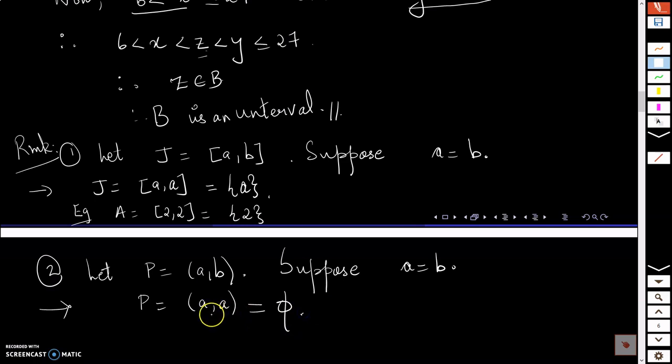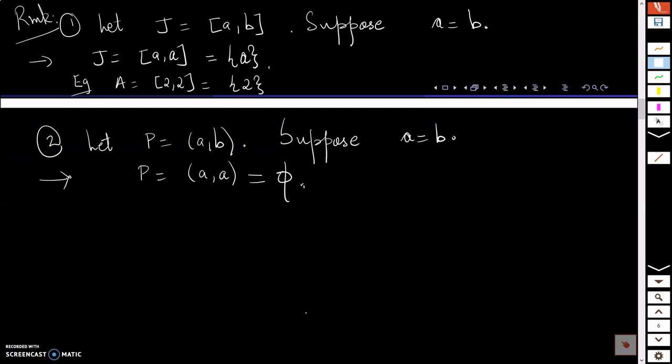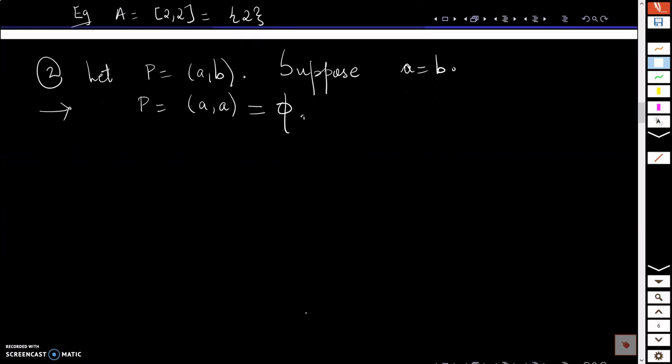Because I need points which are greater than a and less than a at the same time, and a is the same number. So there is no such point, and hence this interval will be an empty set. So empty sets are also considered to be intervals. This is as per the textbook that we are referring, A Basic Course in Real Analysis by Ajit Kumar and Kumaresan. So singletons and empty sets are also considered to be intervals in this particular course.